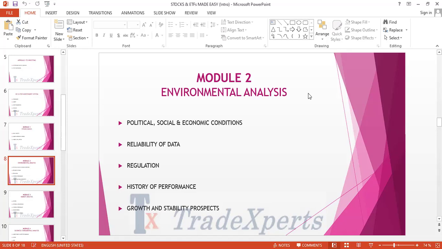Is it a situation where you want to do business and then a group of people are just going to come and extort money from you? What are the economic conditions like? Even if a business is good, but it is located in a bad environment, it's going to impact that particular business. Then another thing you consider in environmental analysis is the reliability of data.